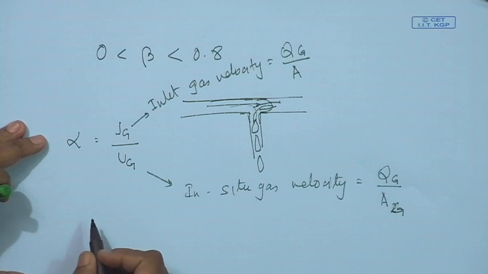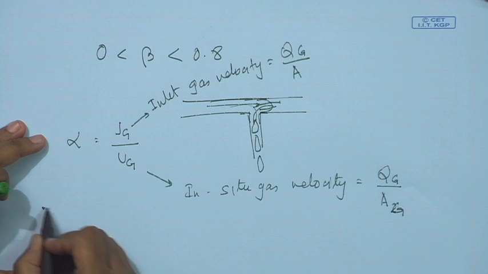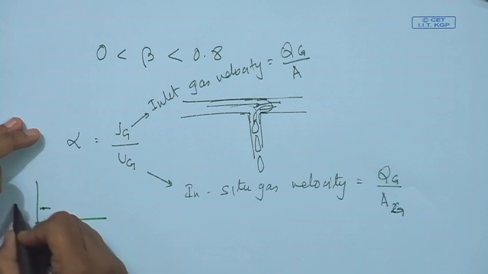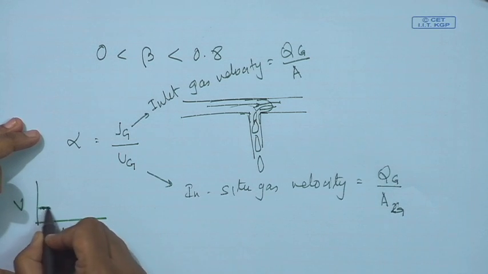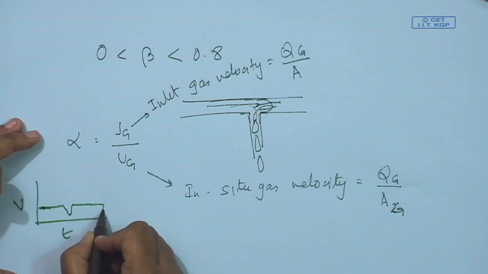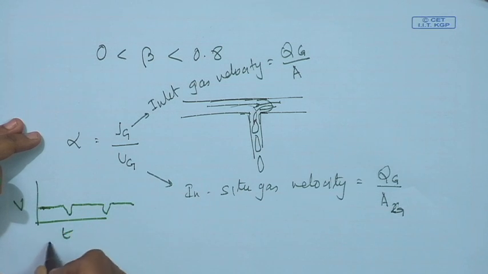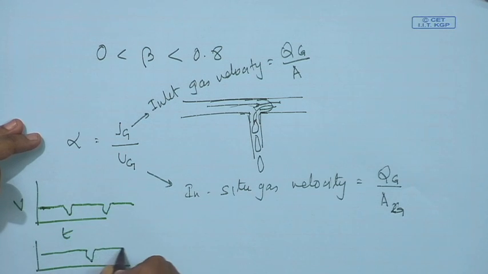Now, suppose we have two optical probes at a known distance from one another, and in these two optical probes, we note the signal. Suppose we plot voltage versus time, for plug flow we get a signal something of this sort, and for the other probe which is located a little distance away, we get a signal something of this sort.